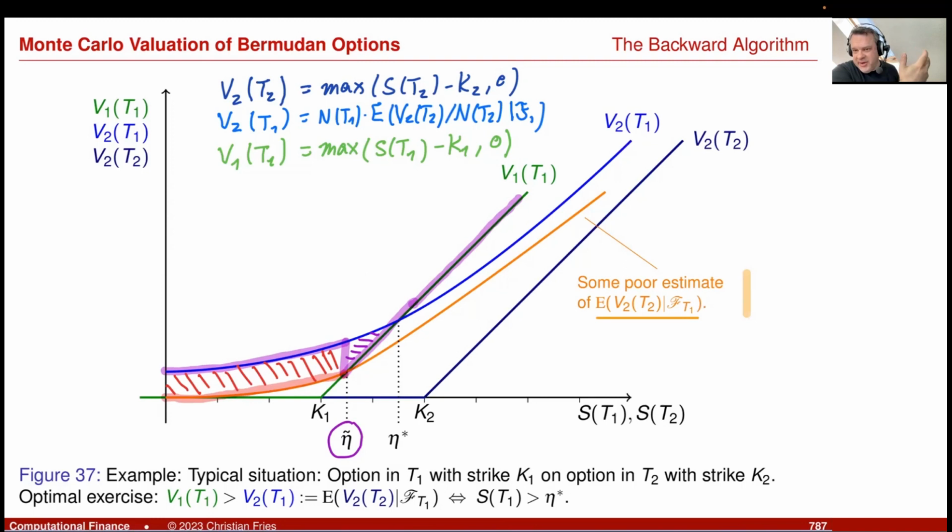What is the time parameter in this formula? The time parameter is the remaining time, T2 minus T1. And what is the initial value, the spot of the stock? This is not today's value, not S in T0. It is S in T1. So the initial value is a random variable, because I can have different values of S of T1.